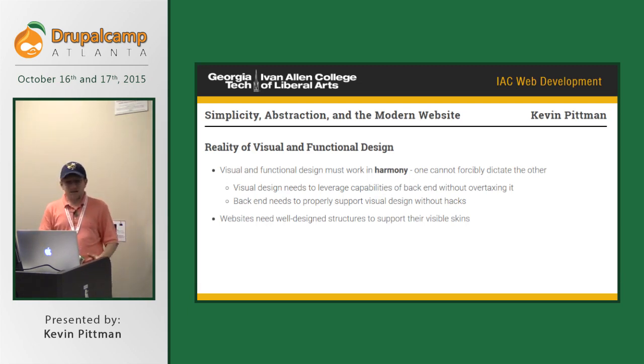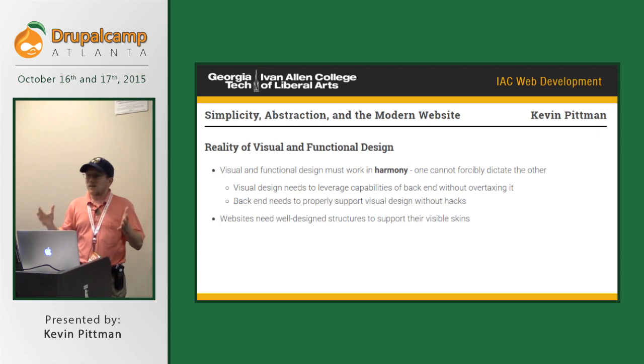Your visual design's just got to leverage the back end, but not overtax it. And the back end has to be architected to support the front end without a bunch of hacks, plain and simple. And this is something that I've seen not just in web design, but in other artistic fields. Outside of the IT world, I'm a professional puppeteer, and I design and build puppets. And if you think about, let's say, your favorite Muppet character, it is two components, just like a website. It's that visible skin, like think about Kermit the Frog.